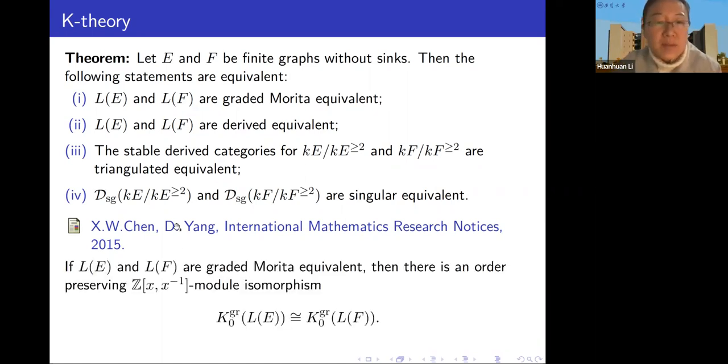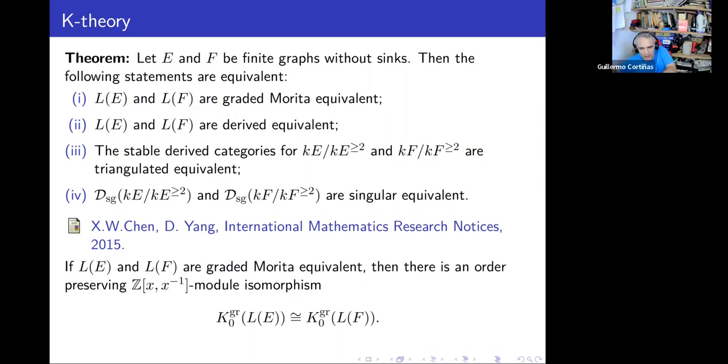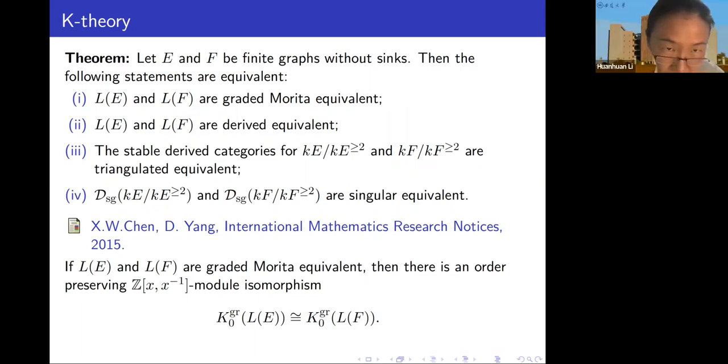In that paper, they also prove that if these two Leavitt path algebras are graded Morita equivalent, then there's a module isomorphism between the graded Grothendieck groups for these two Leavitt path algebras. So the fact that it's order preserving just means that it comes from an isomorphism between the monoids, right? Sorry, could you please repeat?